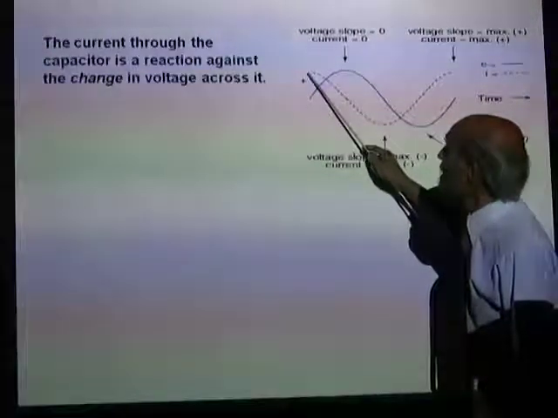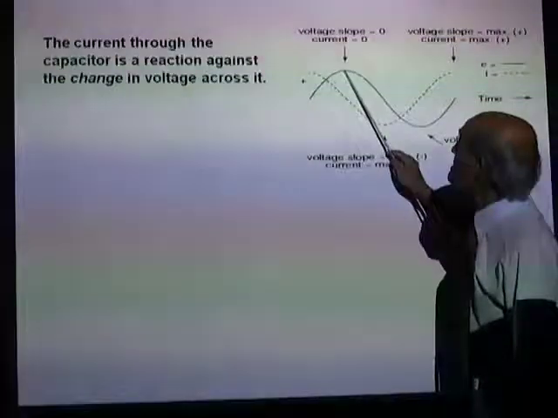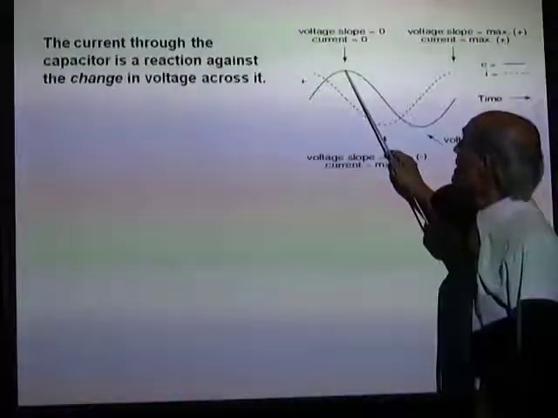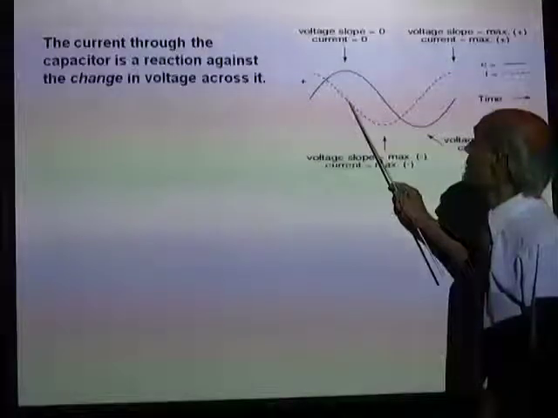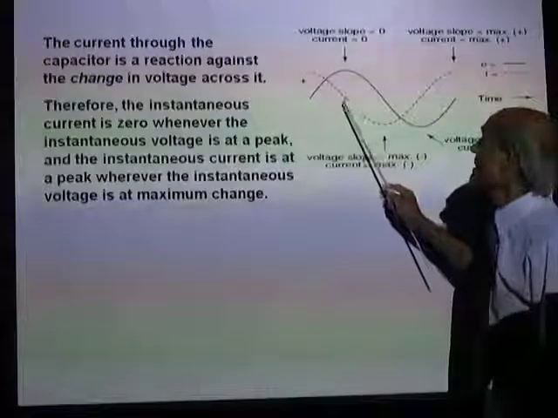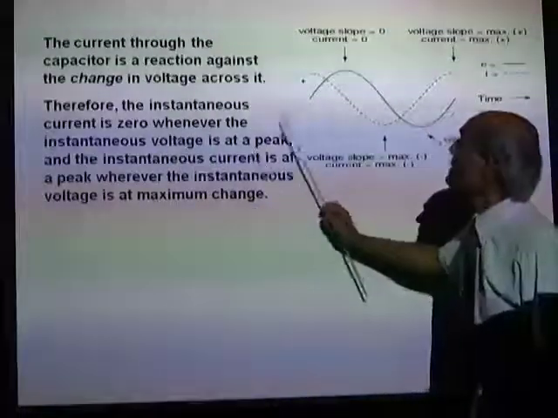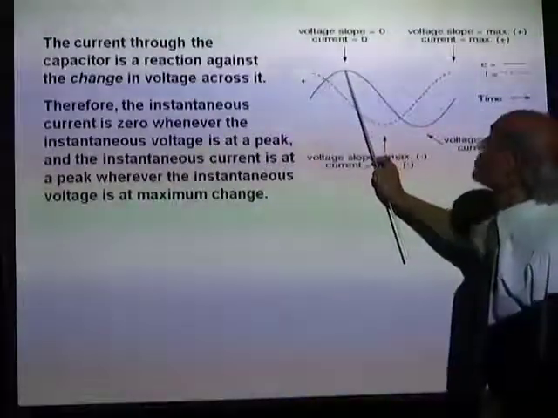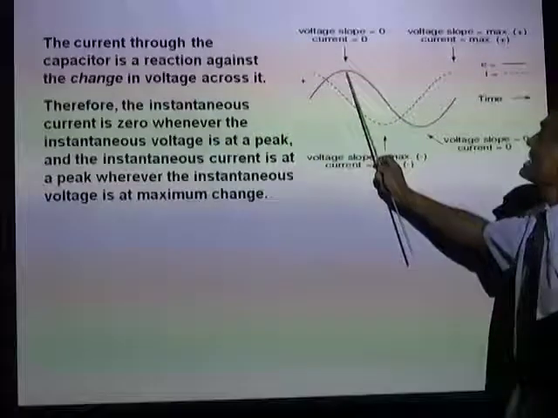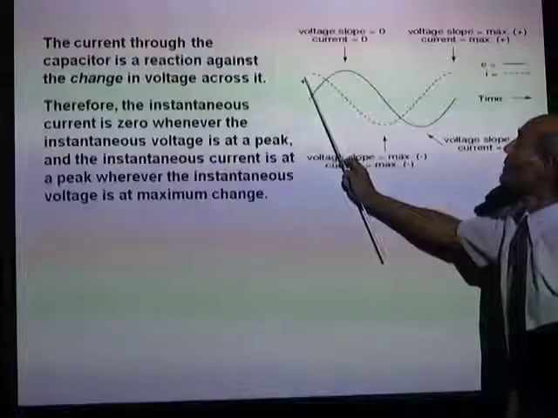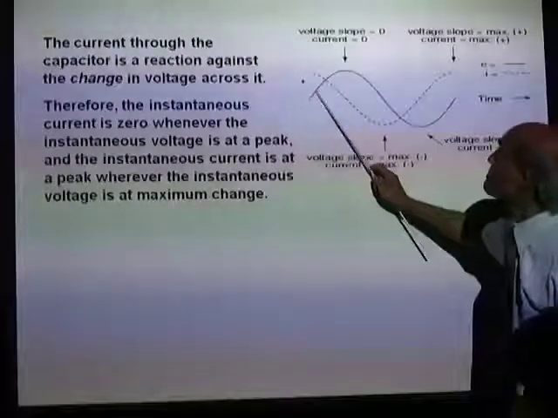That means that is when the current is maximum. And when the voltage is peaked, the rate of change of voltage is 0. That is when the current is 0. Alright. So the instantaneous current is 0 whenever the instantaneous voltage is at a peak, and instantaneous current is at a peak whenever the voltage is changing at the maximum rate.